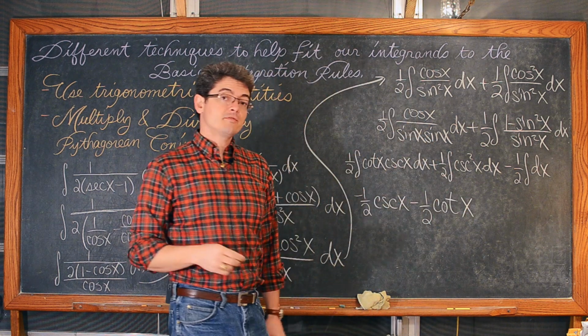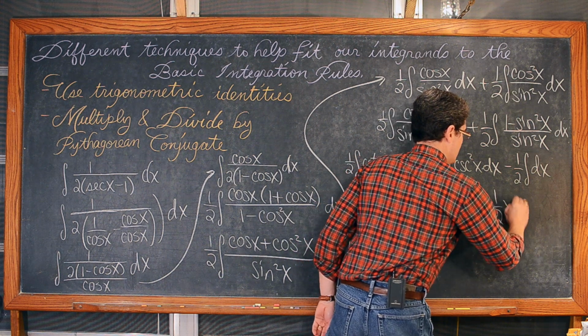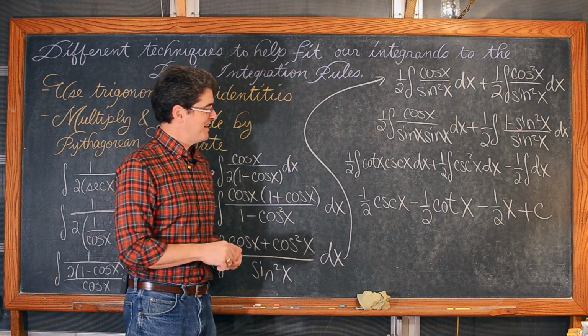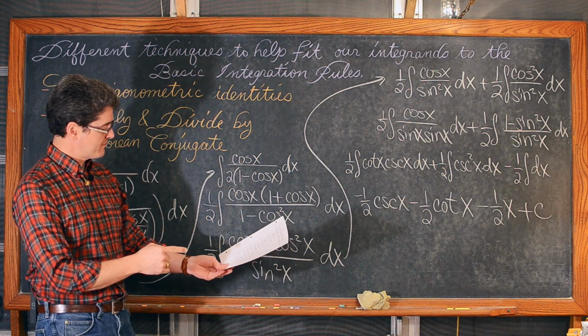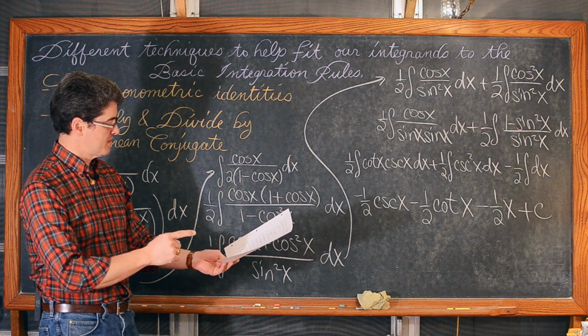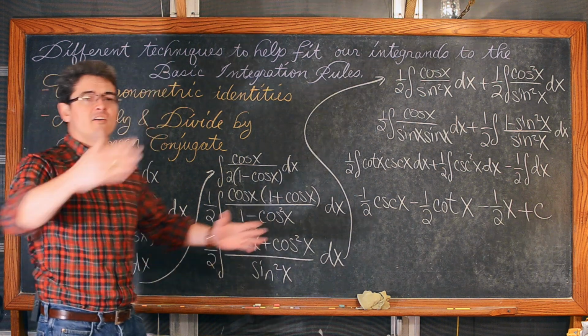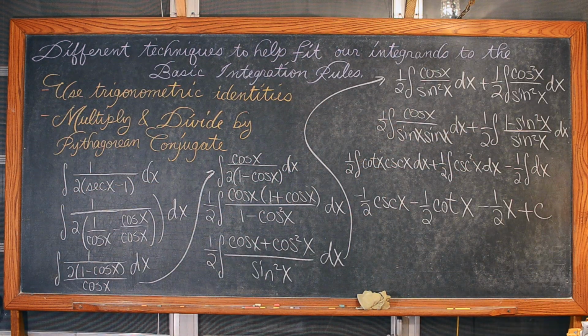And then the integral of dx is simply going to be x, and we have our final answer as negative 1/2 x. And then again, with all this integration, don't forget at the end your plus c. Let me just make sure I haven't written something silly. We got negative 1/2 cosecant x minus 1/2 cotangent x minus 1/2 x plus c. That's the end of almost the last example. Coming right up.